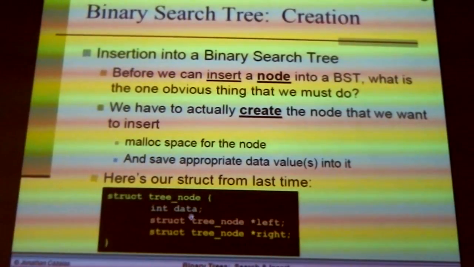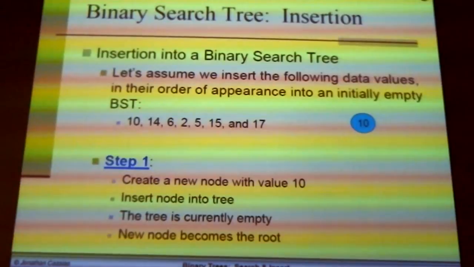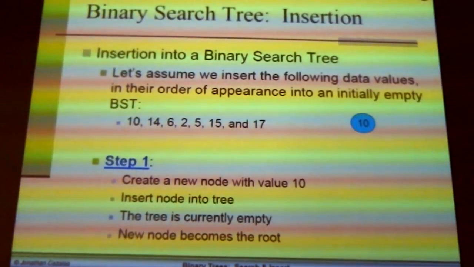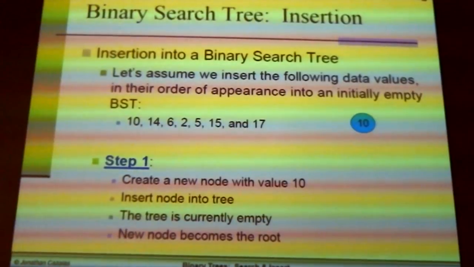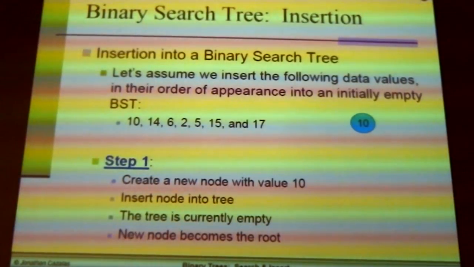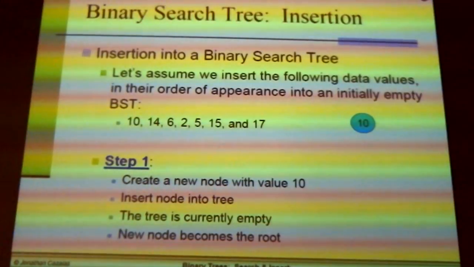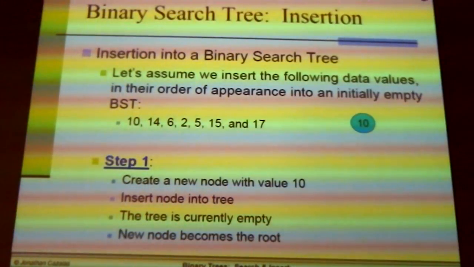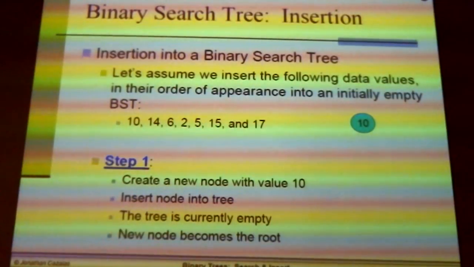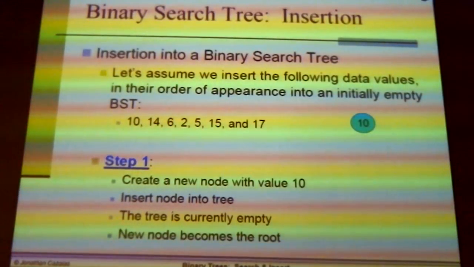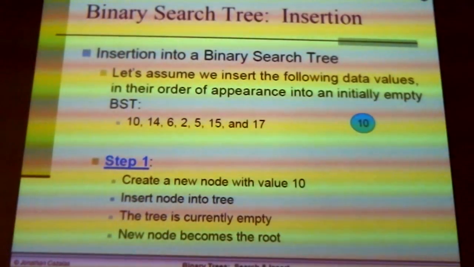So here's our data, that's where you're going to store that 10. You create that node, set the data portion to 10, and then what do we do with our left and right pointers? Set them to null, because we just created our node. Every time you create a node, set the left and the right to null when you're creating a binary search tree from scratch.